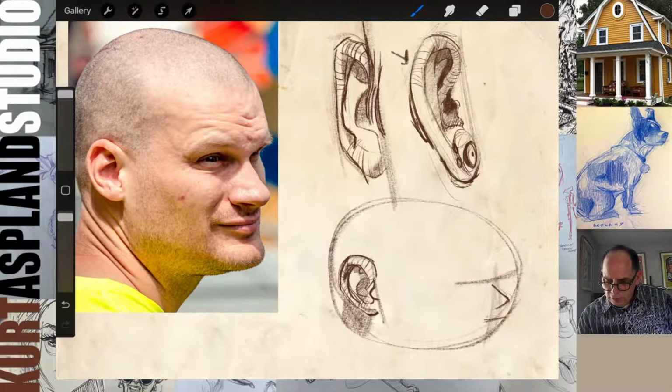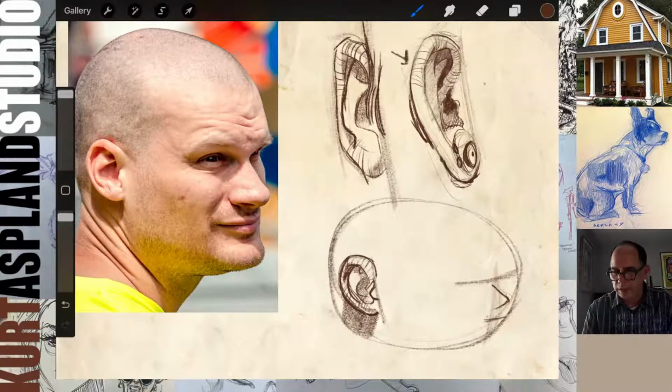If I have a chance to add shadow or something, I like to throw it in because it really helps to describe form.